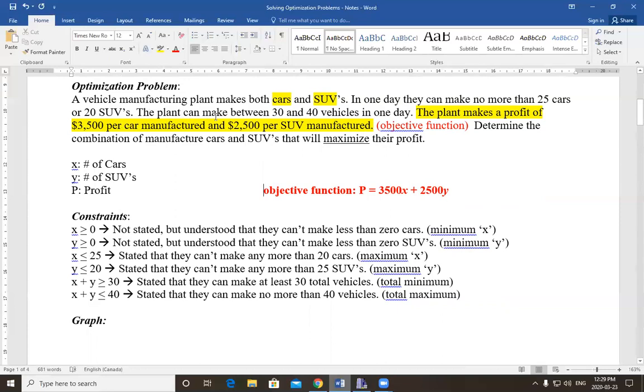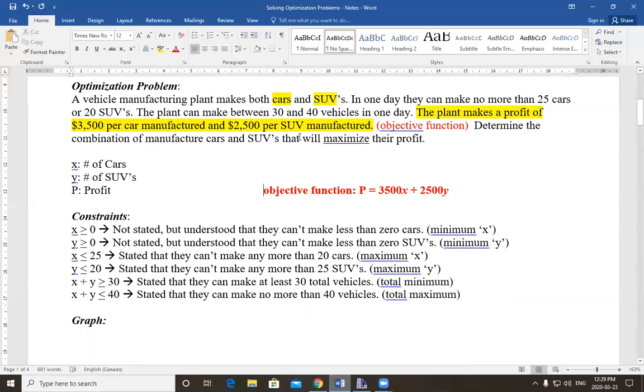Then on to the next part. The plant can make between 30 and 40 vehicles in one day. So that's going to be a minimum amount of total vehicles made and a maximum amount of total vehicles made. So X plus Y would have to be greater than or equal to 30, because they can make at least 30 vehicles total.